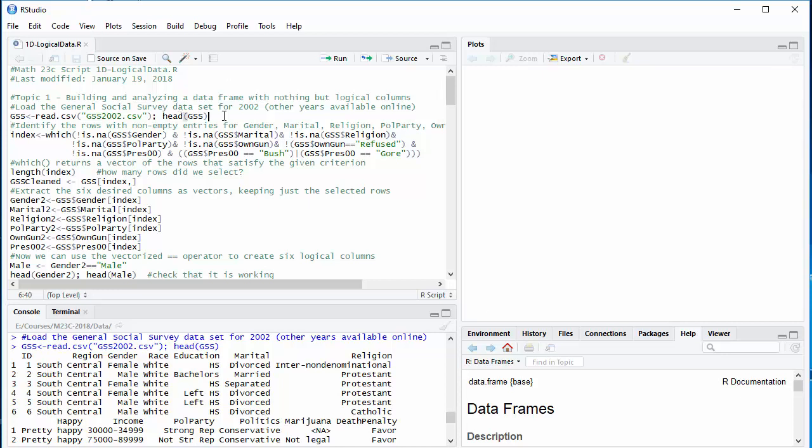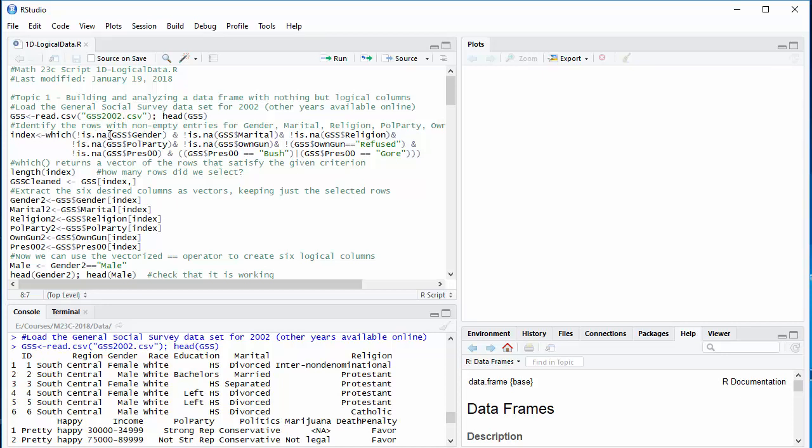And I'm going to cut this down substantially for illustrative purposes by building a subset of the rows in this data file that have the following property. First, the gender is not marked as not available.